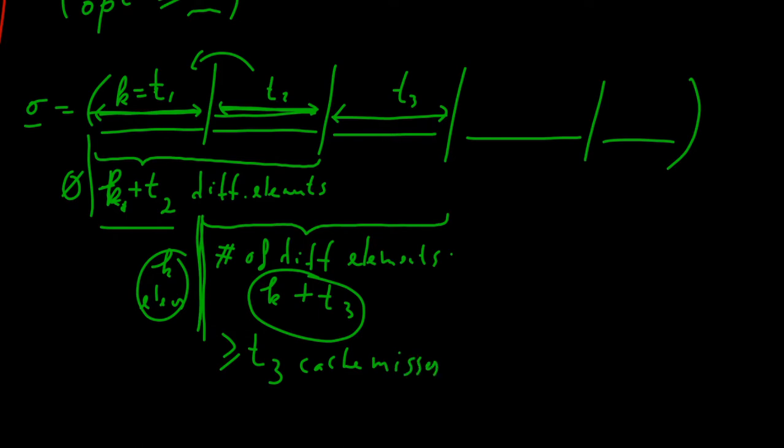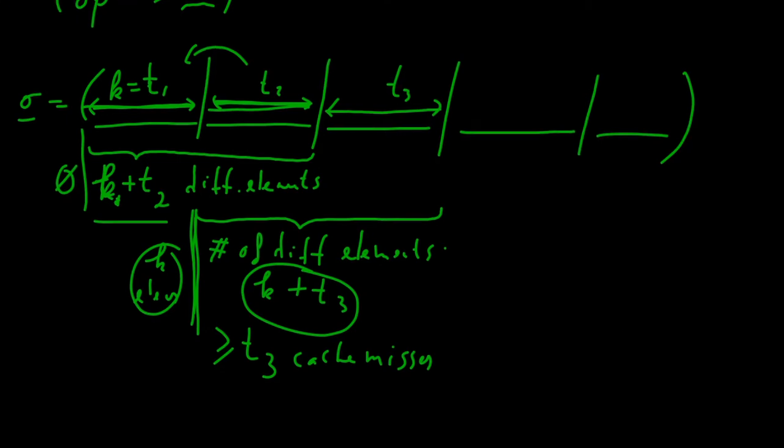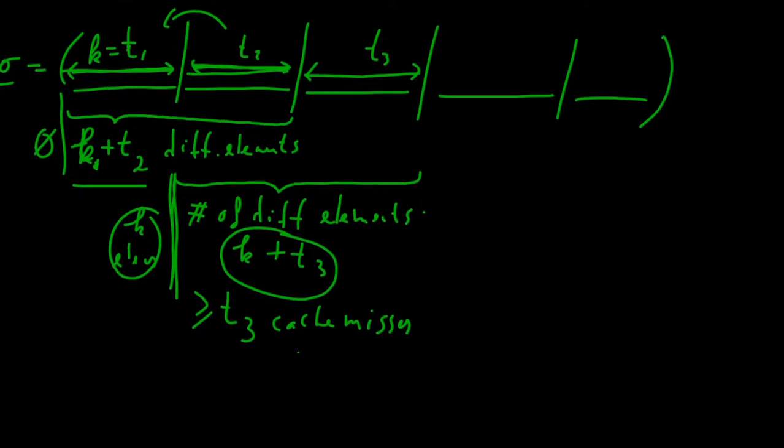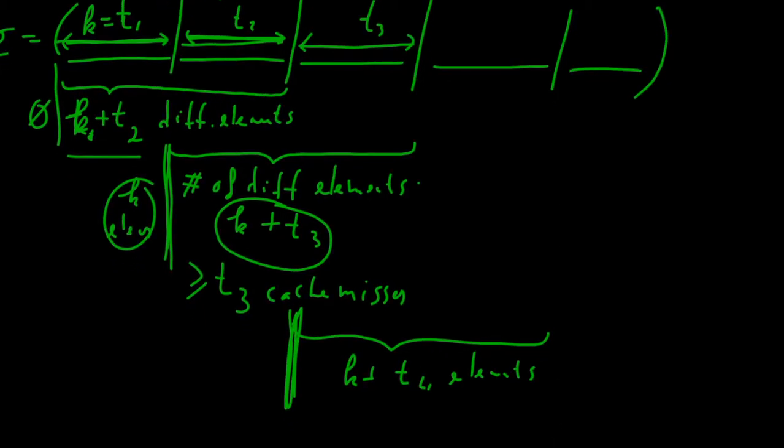Okay, and then let's consider these two phases. Again, we have k plus t4 elements, which means that no matter what my cache content was at this point, during these two phases I will have at least t4 cache misses.